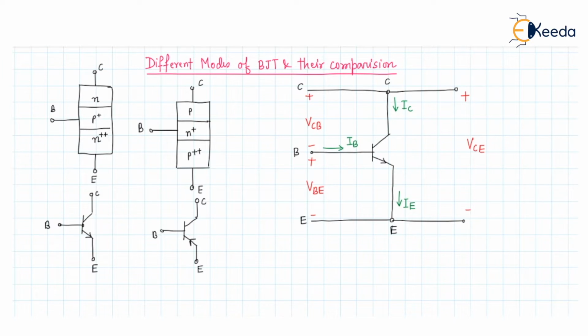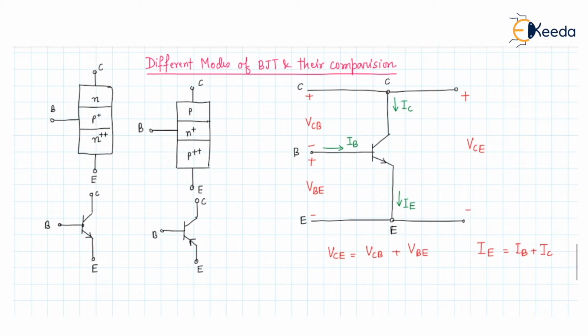We can write the voltage relation as VCE, the collector to emitter voltage, equals the collector to base voltage plus the base to emitter voltage. Similarly, the current equation is that the total current IE equals the IB current plus the IC current.